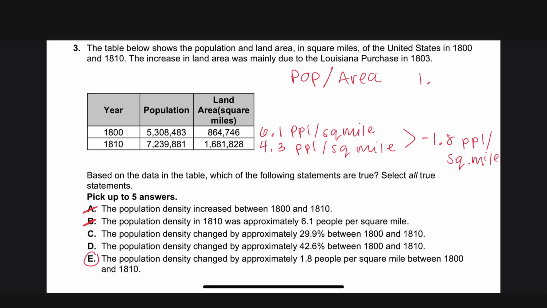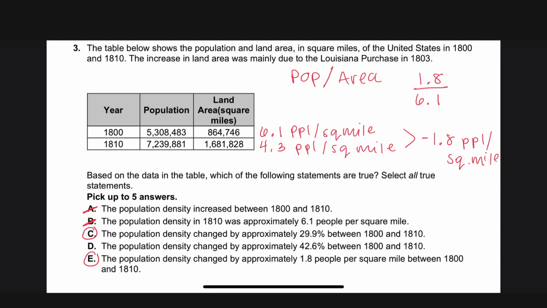And then let's figure out what percent change that would be. So we're going to do 1.8 divided by 6.1. So you divide it by your original. And we end up with 29.5%. So I'm going to pick the one that's closest to it, approximately 29.9%. So C. D would be, I think, the answer if we divide it by 4.3.